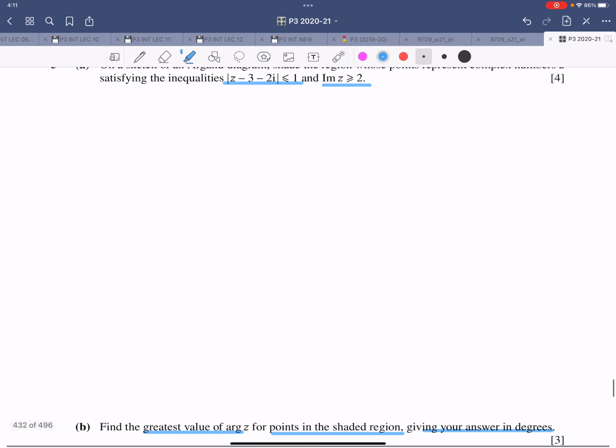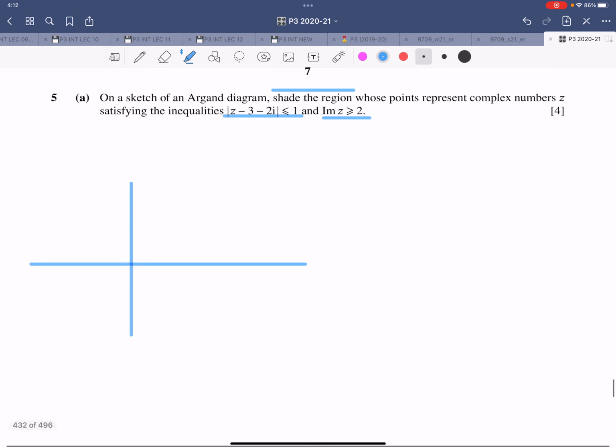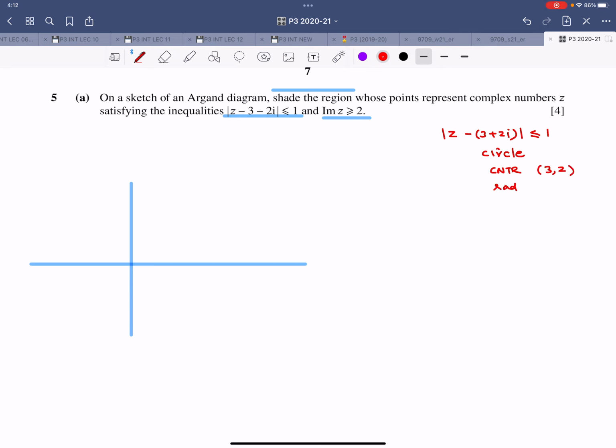First thing first, you need to draw this, that is, modulus of z minus 3 plus 2i is less than or equal to 1. It's a circle. The center of the circle is 3, 2, and the radius of the circle is 1 unit.